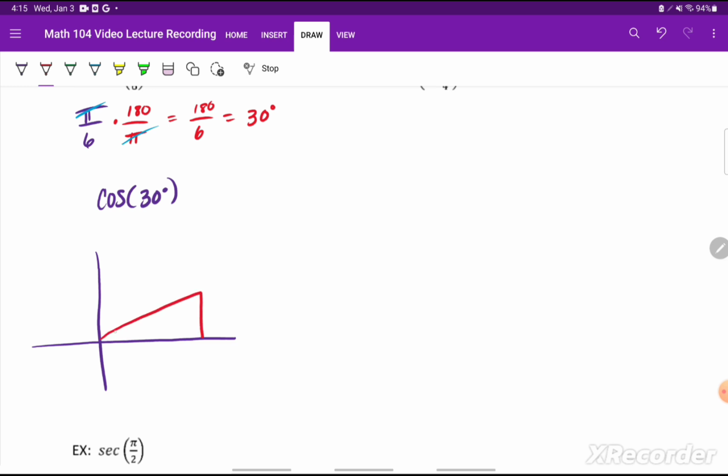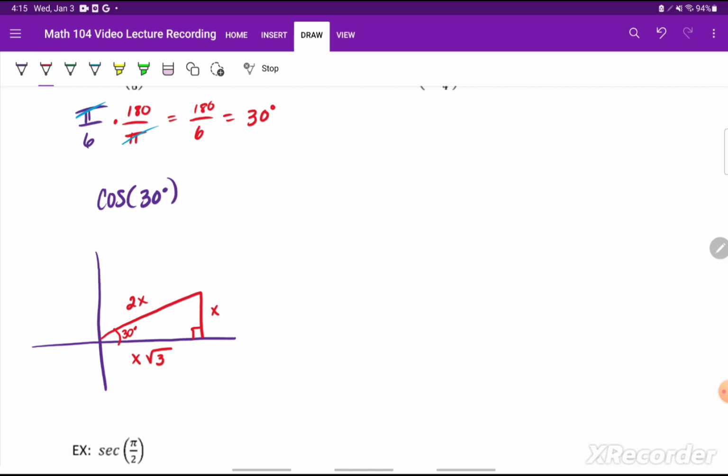So 30 degrees in quadrant 1. This creates a 30, 60, 90 triangle for us. The short side is across from the 30 degree, and we always label that x. The long side is the short side times the square root of 3, x times the square root of 3, and the hypotenuse is always 2x.